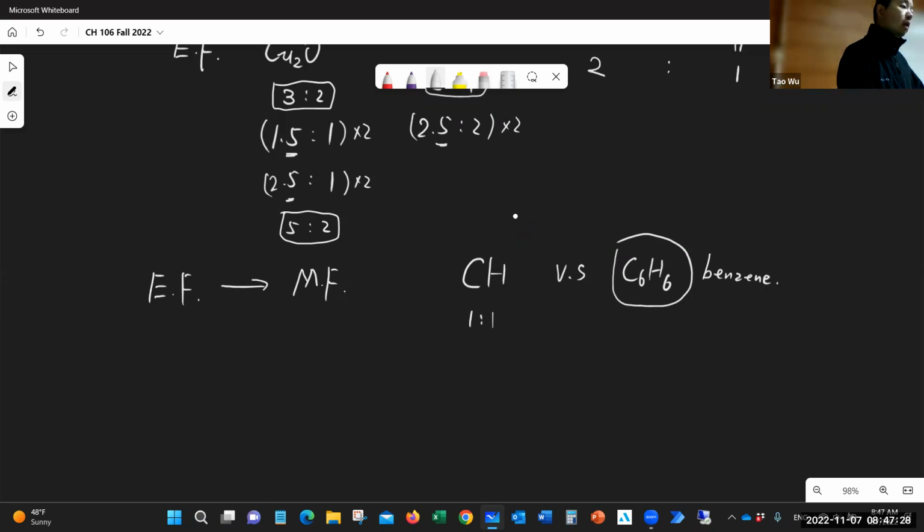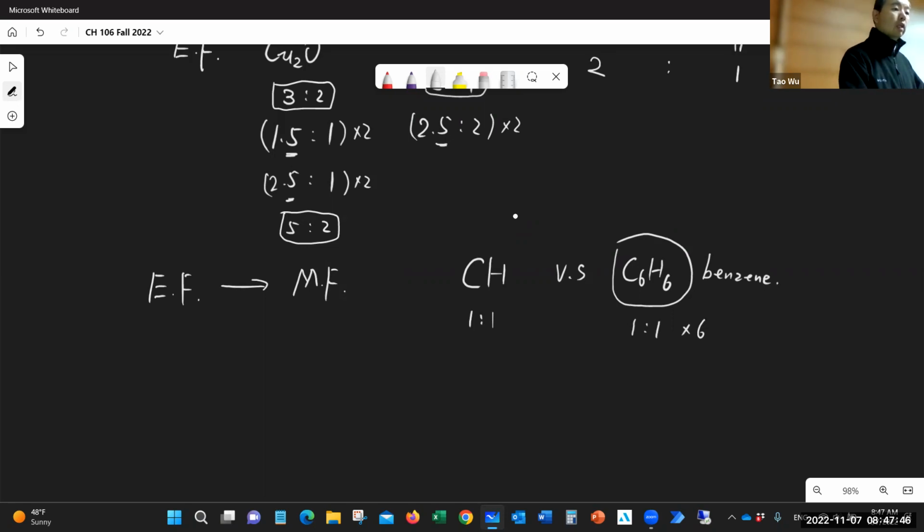To find the molecular formula from the empirical formula, you need to find the ratio. For example, here the ratio is 6. You times 1 versus 1 by 6, and you get exactly the molecular formula.